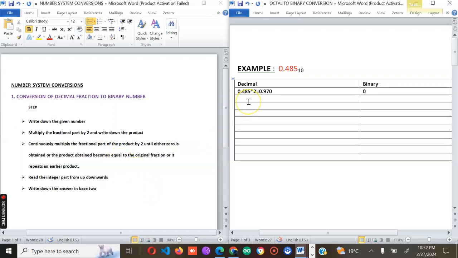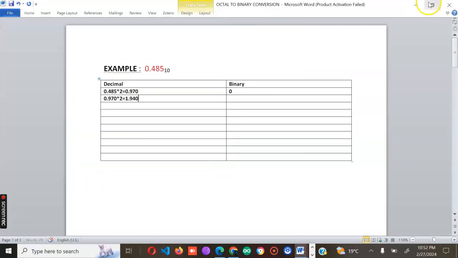Next we have 0.970. You multiply by 2 and you get 1.940. You need a calculator whenever you're working on this.